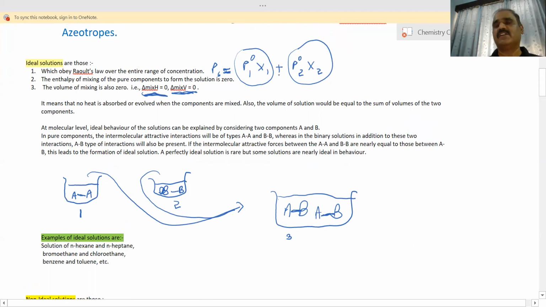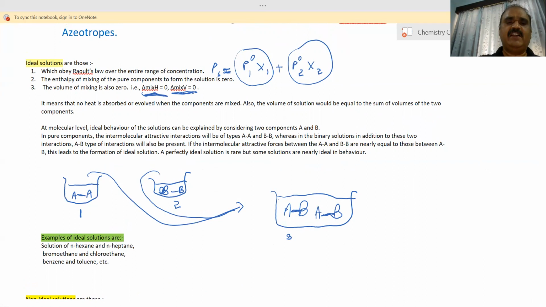Such a solution is called an ideal solution. Actually, perfectly ideal is not there, because when AA and BB interactions dissociate and AB interactions are formed, there must be some difference in their magnitudes. But many solutions are almost ideal.